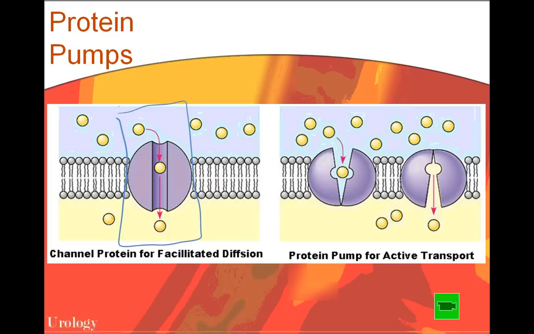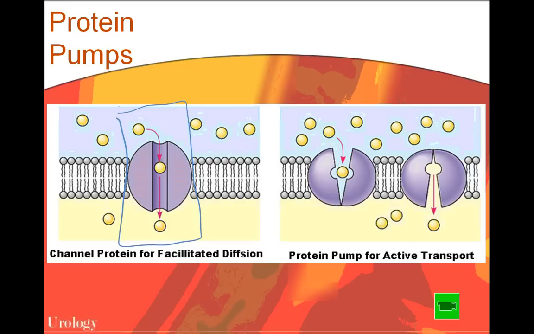With a protein pump, the molecules can't go all the way through, because the protein pump is always going to be closed on one side. And it requires the protein to move or to rock, which is what that protein is doing, like this with your fingers. You can put your fingers together and leave your bottom parts open and then make a V and just rock back and forth.